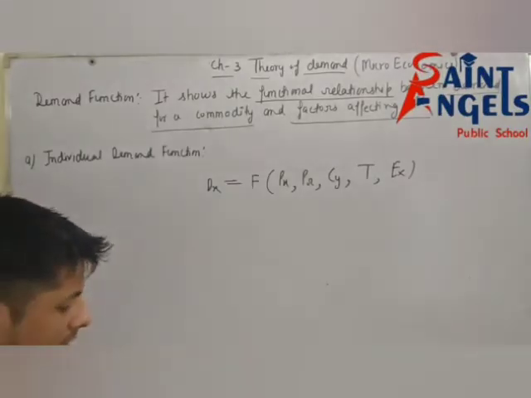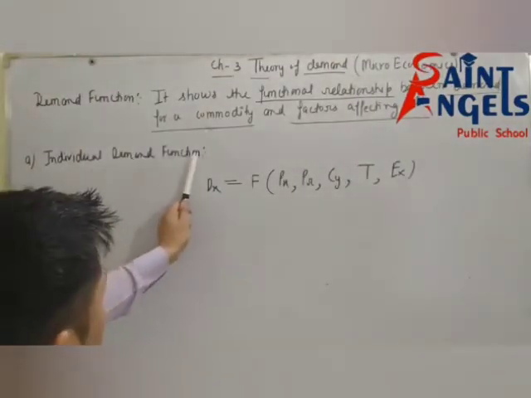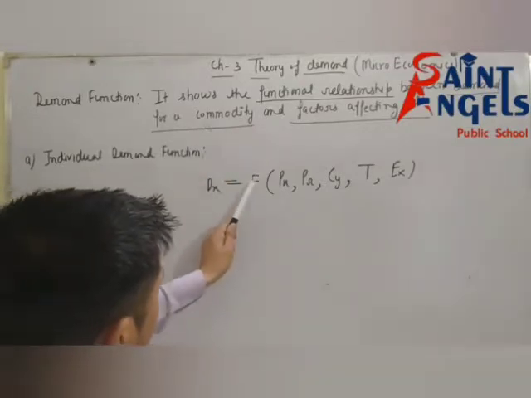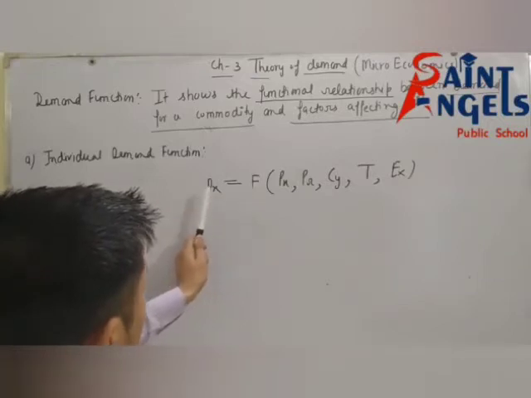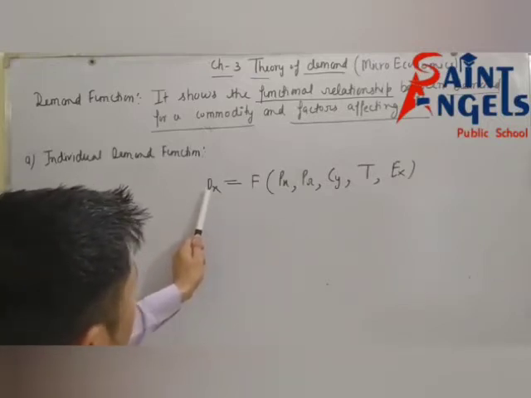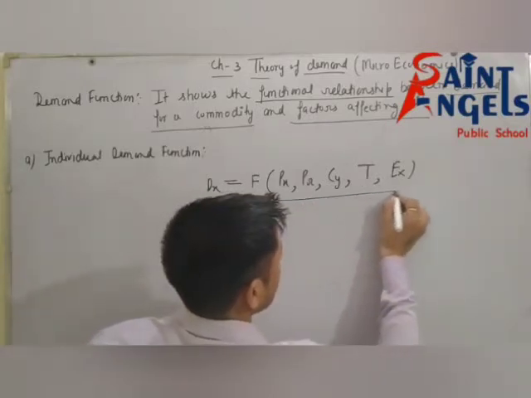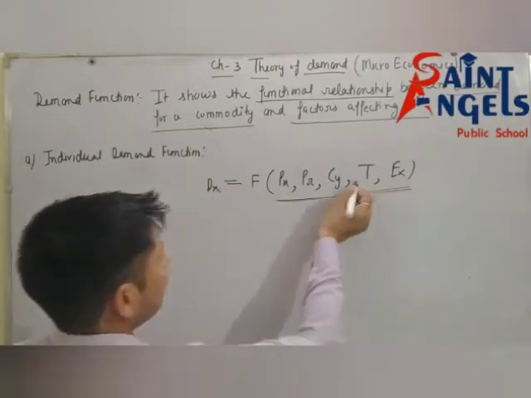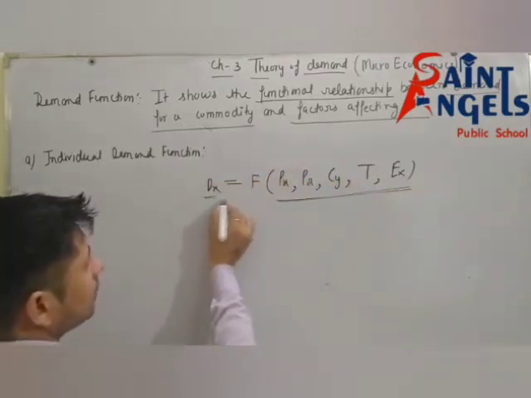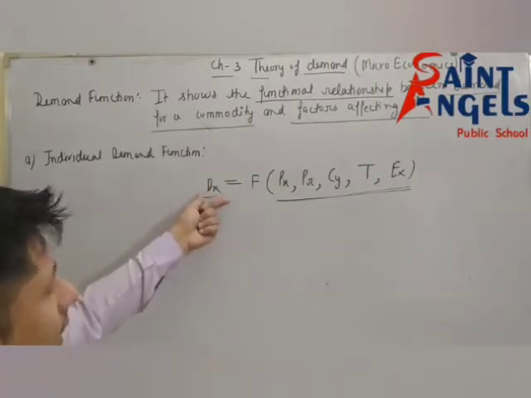Here f means functional relationship between demand for a commodity and the factors affecting it, that is, affecting demand of X commodity.